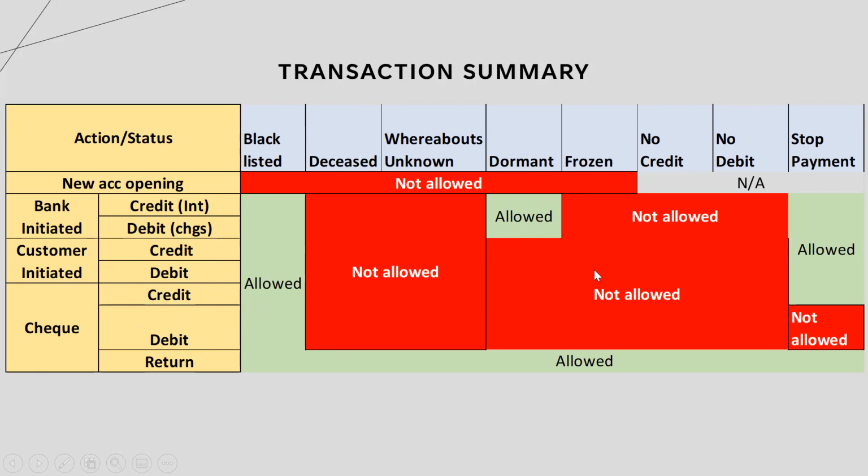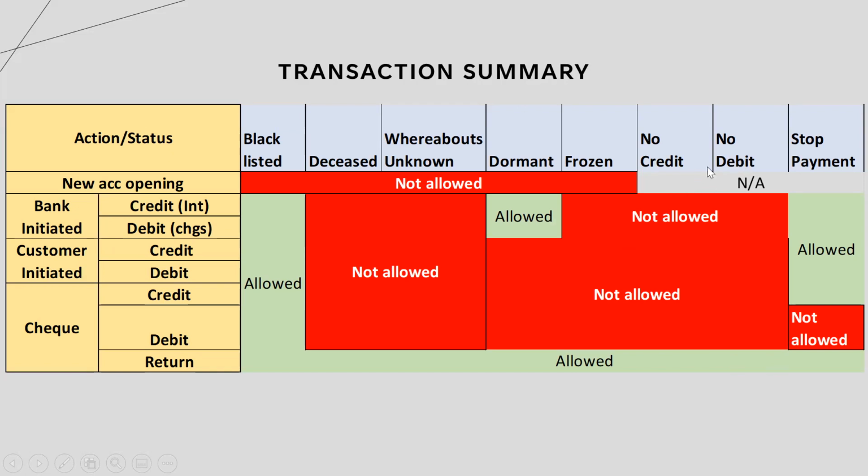No new booking, no transactions except check return. Check return, if you see, is mostly allowed in all the statuses to indicate in the account, or to indicate to the other bank also saying no. It's a bounce case, so that they can file some cases or whatever based on the reason. And the other thing is no debit and no credit.